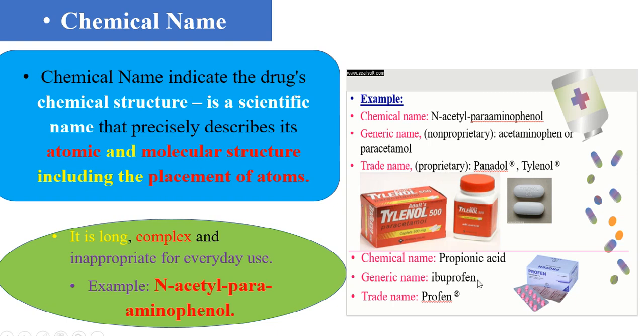Here we have another example: the chemical name propionic acid, the generic name ibuprofen, and the trade name Brufen. This is a common name, and everyone knows it because it is used by the company which is responsible for production of this medicine.